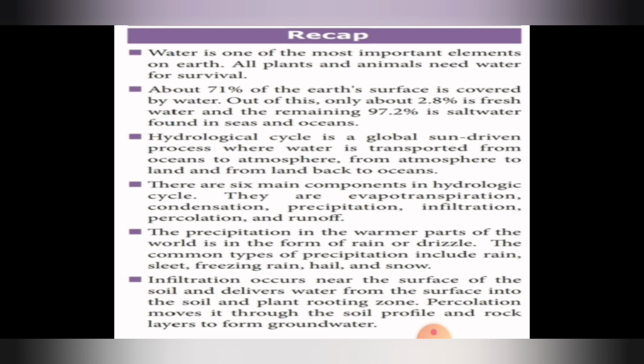The common types of precipitation include rain, sleet, freezing rain, hail, and snow. Infiltration occurs near the surface of the soil and delivers water from the surface into the soil and plant rooting zones. Percolation moves it through the soil profile and rock layers to form groundwater.